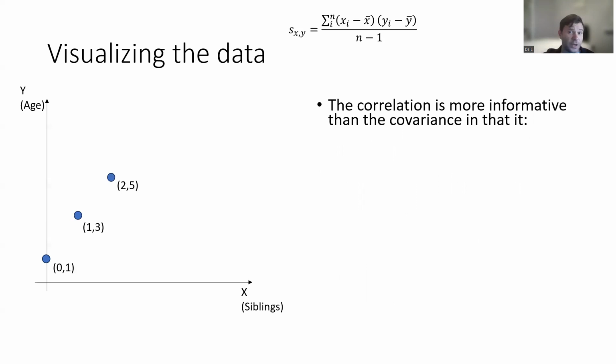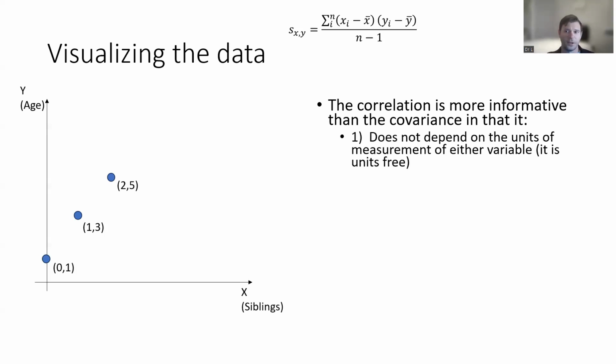The correlation, on the other hand, is a bit of an improvement in that it's informative in an additional capacity relative to the covariance. The correlation will tell us the same thing in terms of whether the relationship's positive or negative, but there's an advantage to the correlation that we're going to discuss in a moment that also gives us a little bit more information about the strength of that relationship.